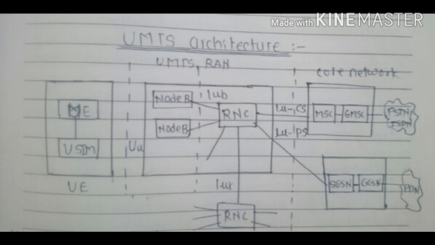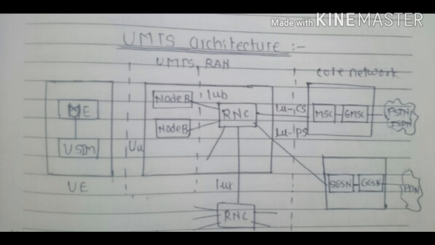The RNC encrypts the data incoming from the fixed network before transmission and decrypts the data before detection.